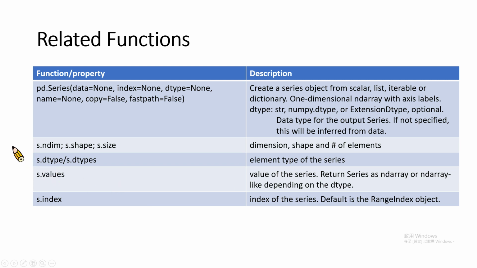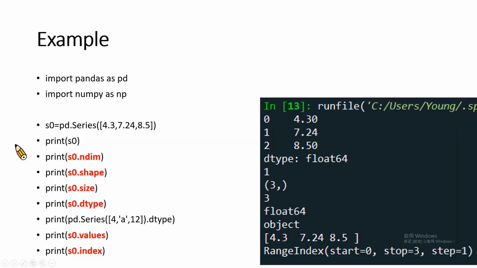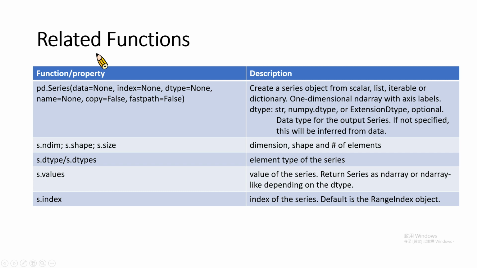And these are the functions or properties for the series. This is the property ndim, which means the dimension. And here is the shape of the series.